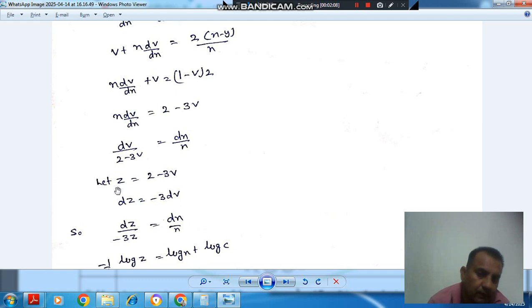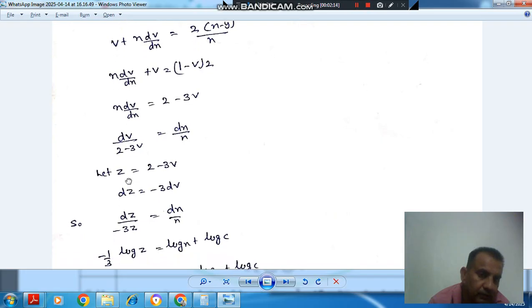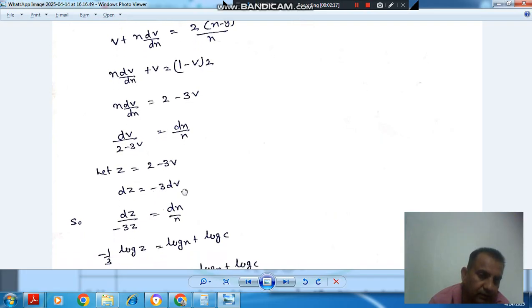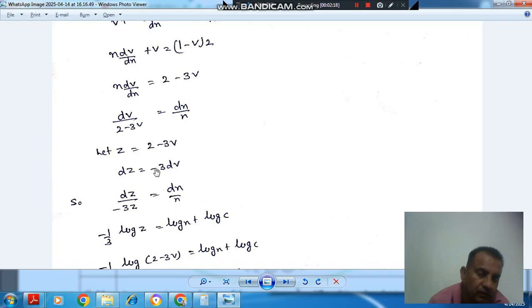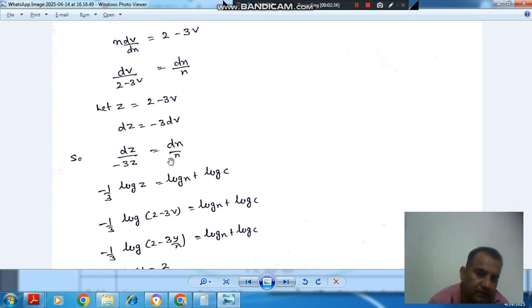Now if we assume 2 - 3v as z, then dz will be equal to -3 dv, or dv can be written as dz/(-3), and this is z. So this term will become dz/(-3z), and this will be dx/x.